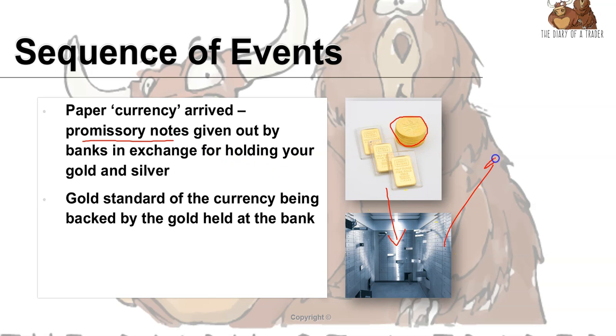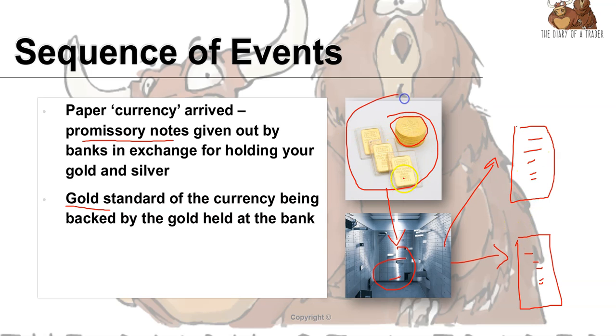They gave out notes, papers, as a promise to pay based on the gold and silver that was stored in the bank. And that created a gold standard for the currency, being backed by the gold held at the bank. So you would have your notes exchanged for the gold and silver in the bank.